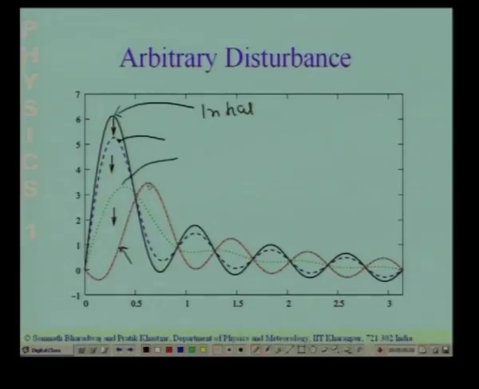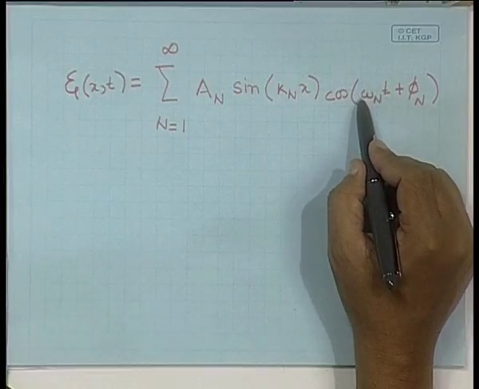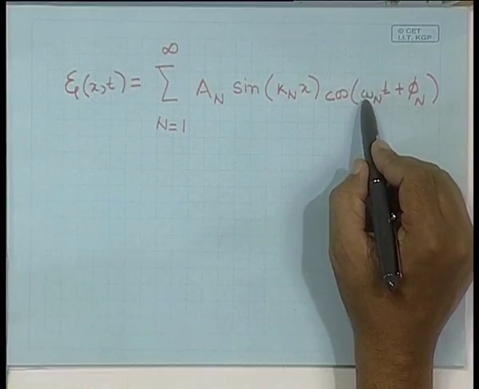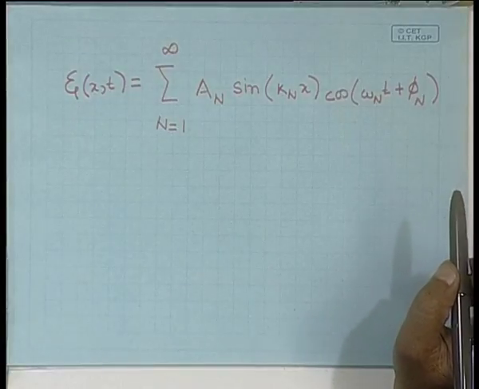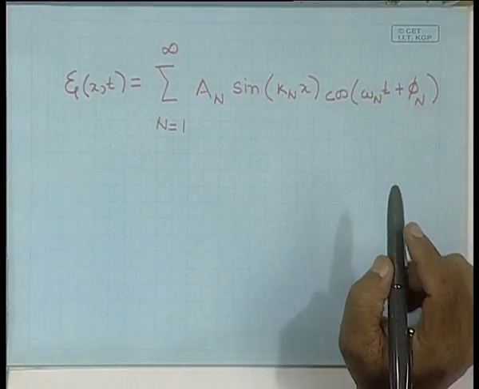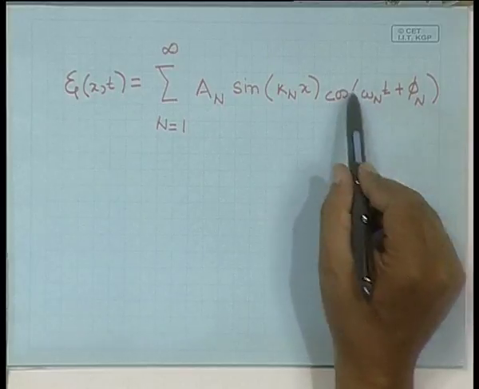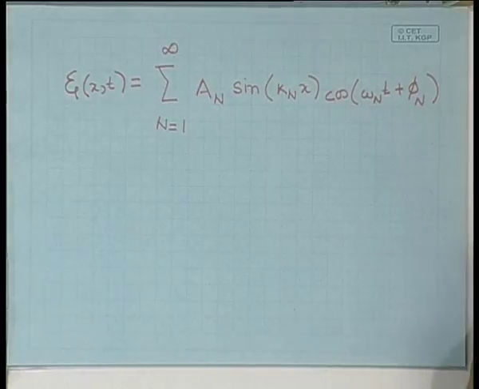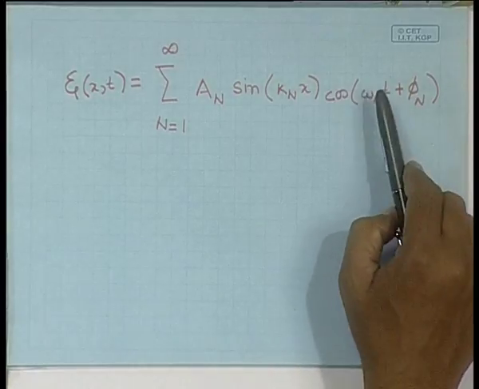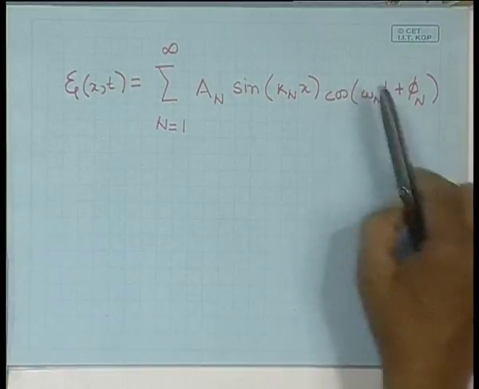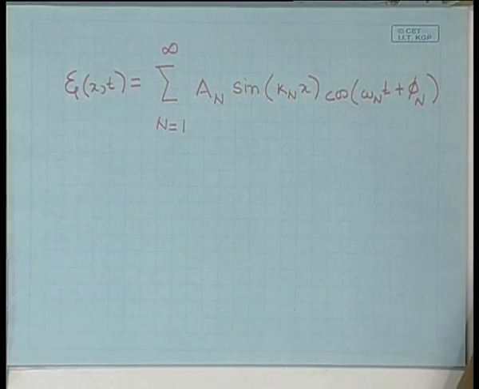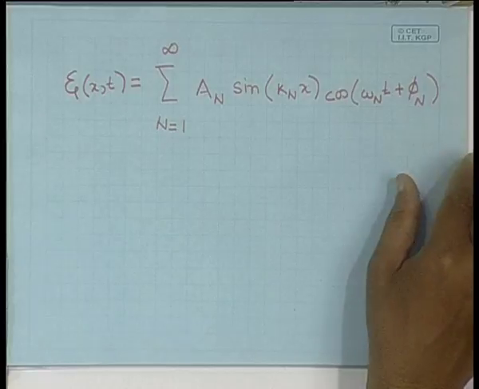The time required to repeat is actually decided by all of these values of omega n which are here. They all have integer values, so you can determine when the whole pattern is going to repeat.